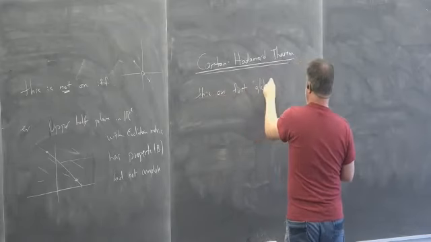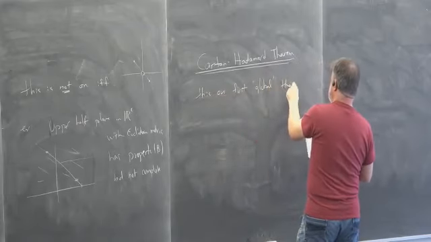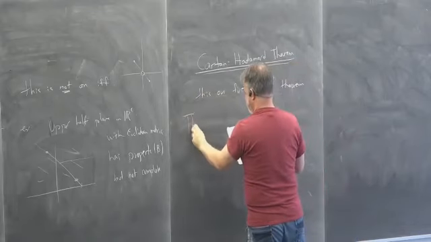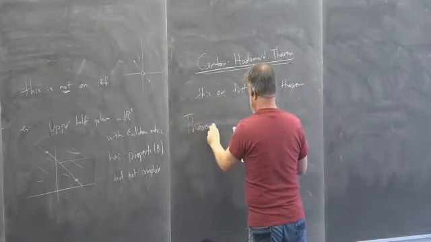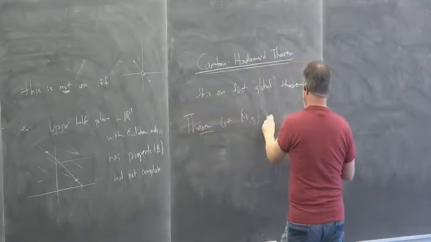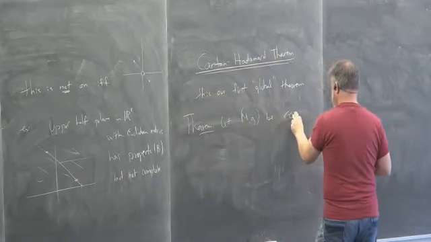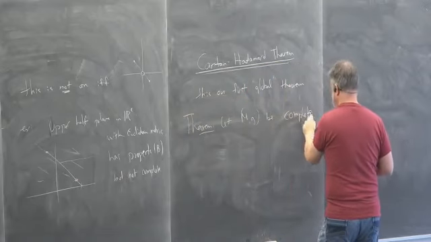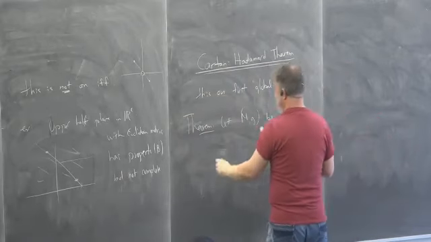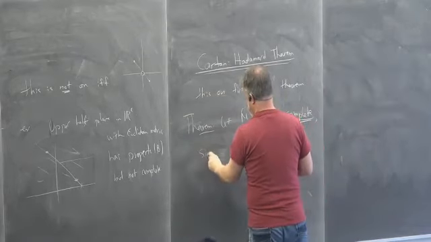Okay, so this is our first global theorem. And it's the following. Let (M, g) be complete. Essentially, all of these theorems are going to need completeness as an assumption, at least. Simply connected.